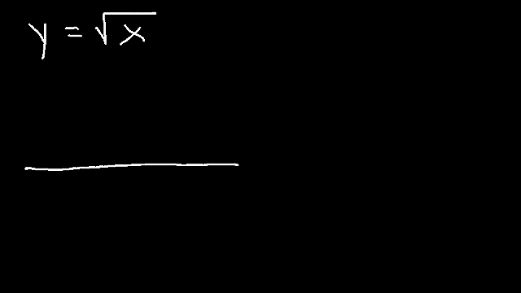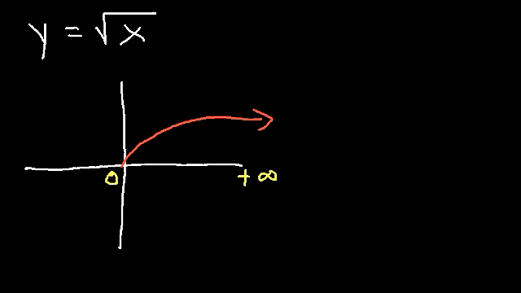Next up, we have the square root of x. So this function increases at a decreasing rate. It looks like this. So based on this shape, what do you think the domain of this function is going to be? What is the lowest x value that you see? The lowest x value is 0, and the highest is infinity.